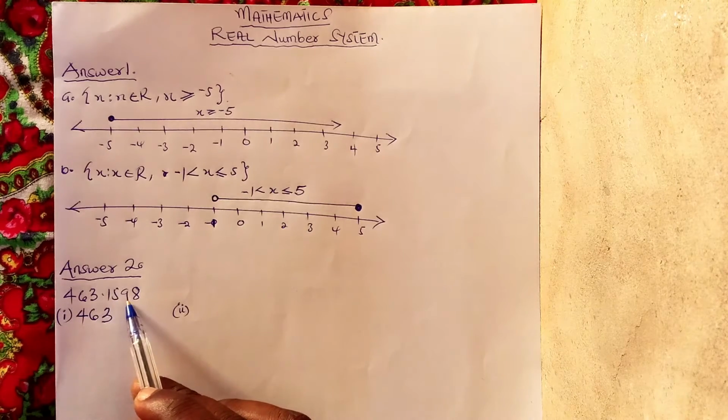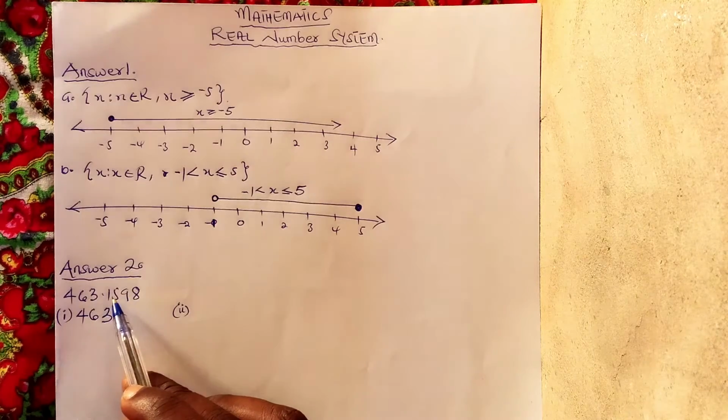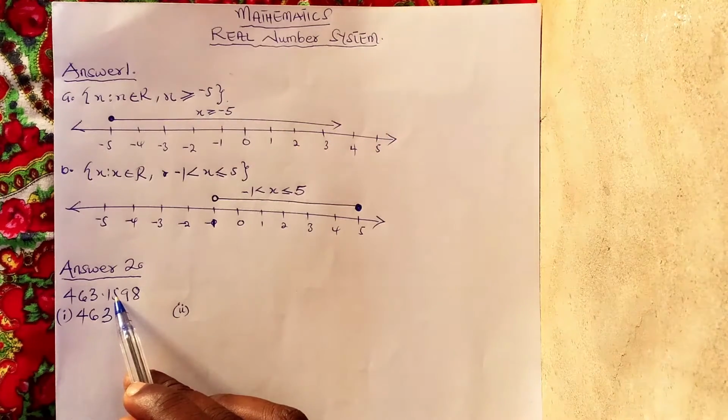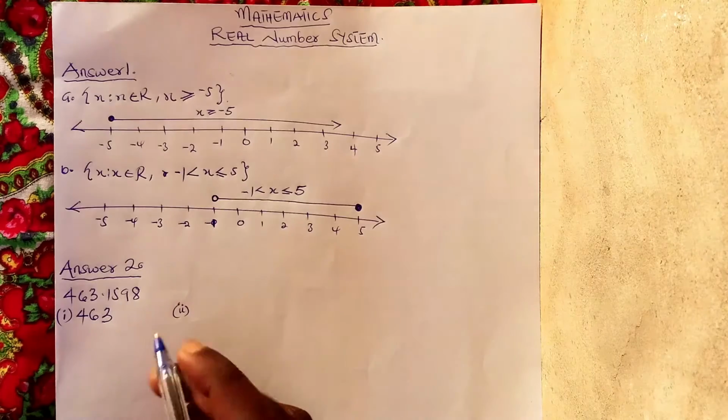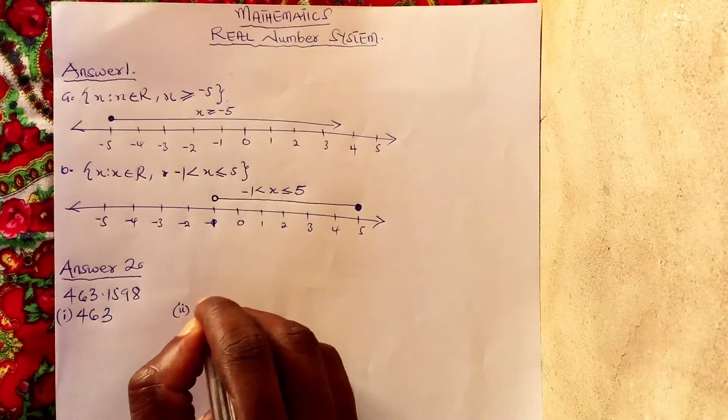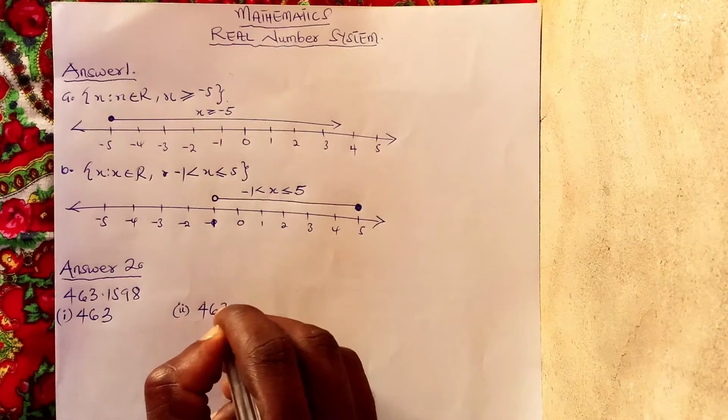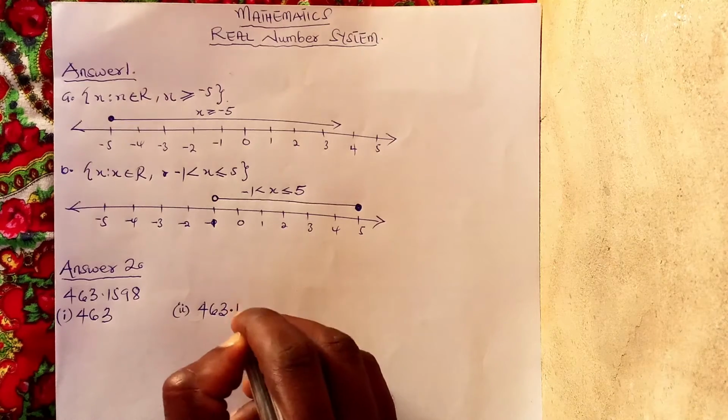But the number after the 5 is 9, more than 5. So we have to round it, making the tenth decimal place 6. The figure there moves from 5 to 6. So our answer is going to be 463.16.